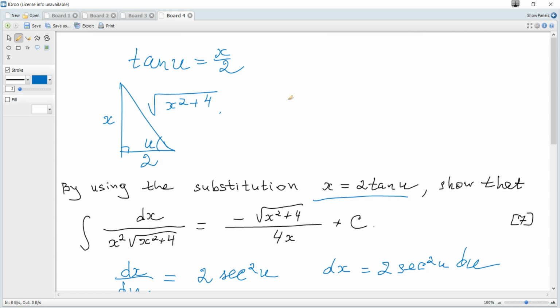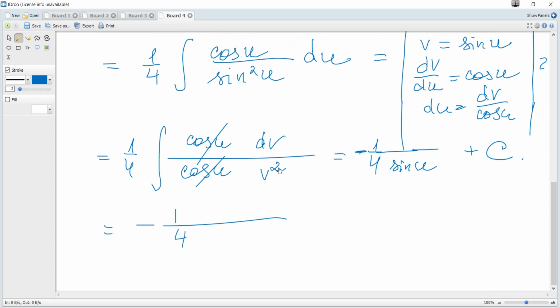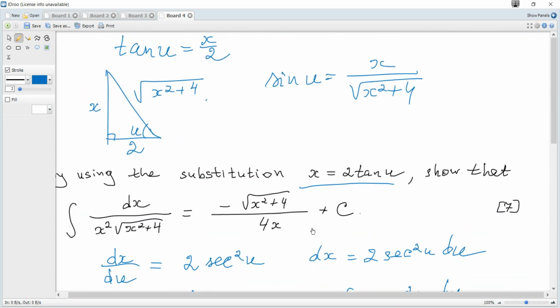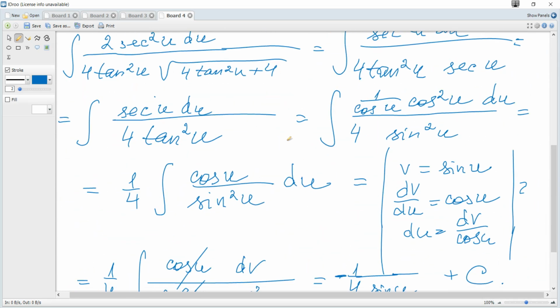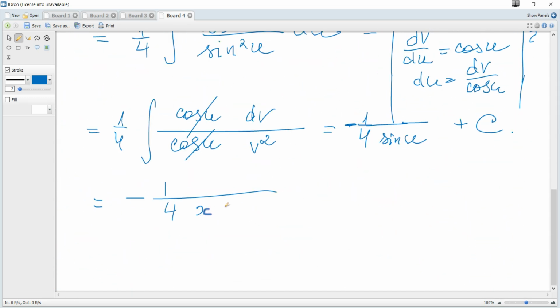Then by definition sine of u is opposite over hypotenuse, cosine is adjacent over hypotenuse, and hence it becomes negative 1 over 4, and sine is x over root of x squared plus 4, plus c.